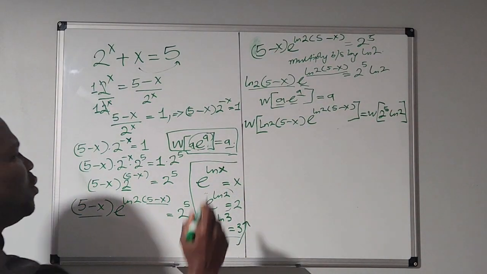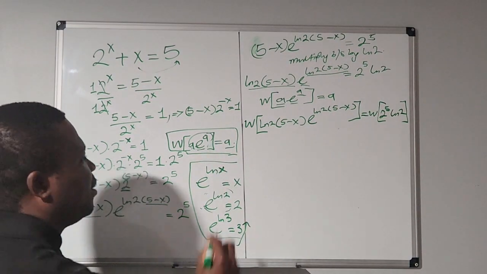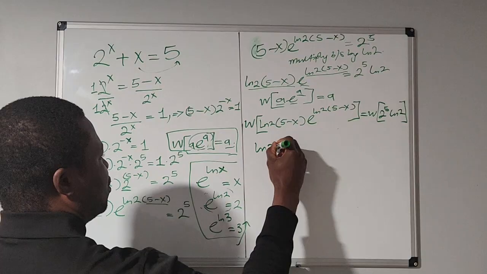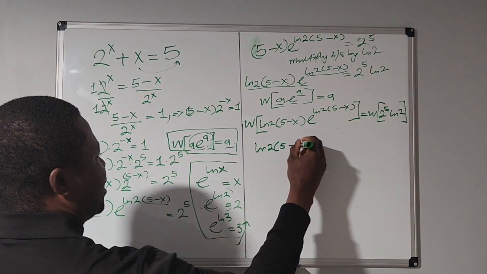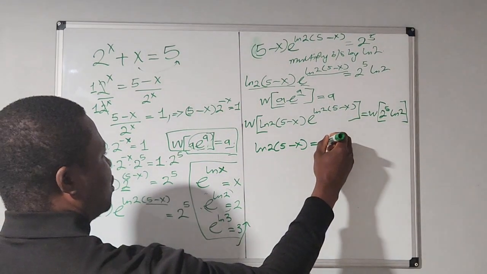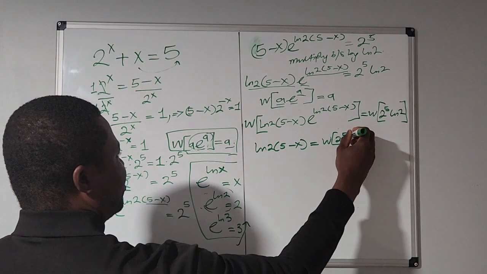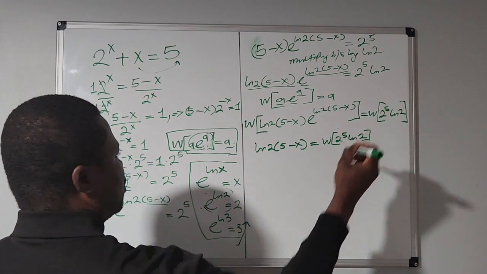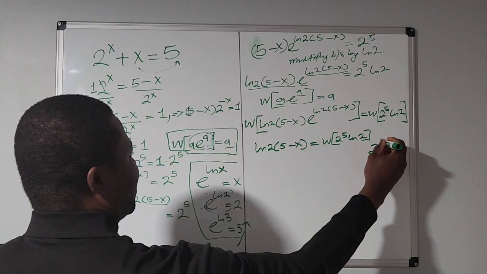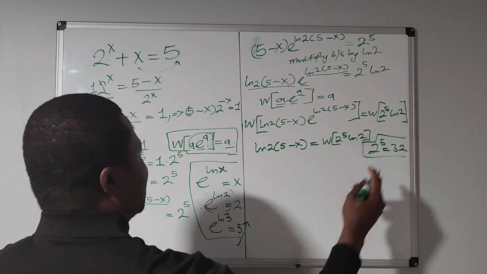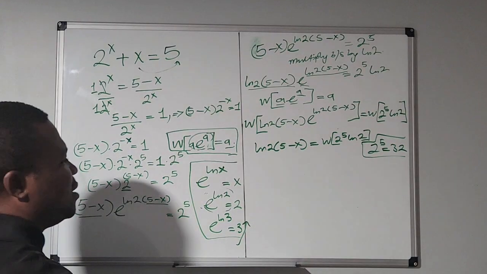All right, because we have to do it on both sides. So now this becomes ln 2 (5 minus x) equals W of 2 raised to the power 5 ln 2. 2 raised to the power 5 is the same thing as 32, right? That's 2 times 2 times 2, five times.